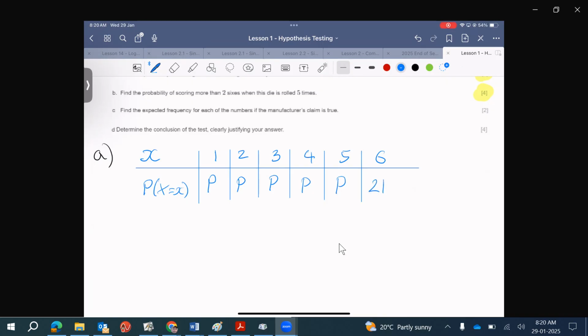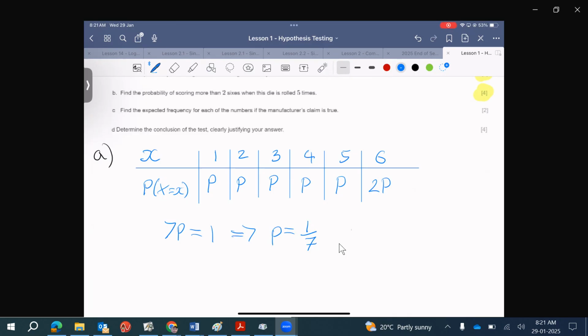Good. 2P. What's the total probability? 1. So 7P has to equal 1. What's the value of P? 1 over 7.